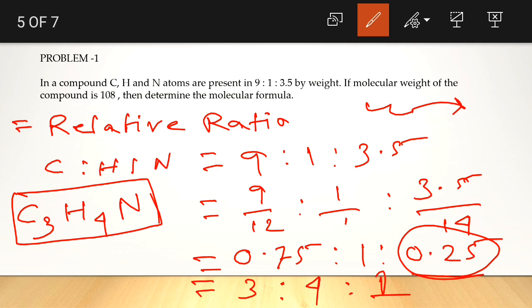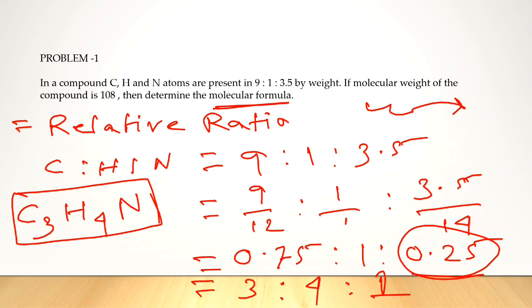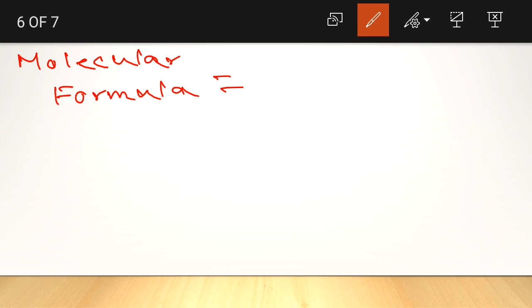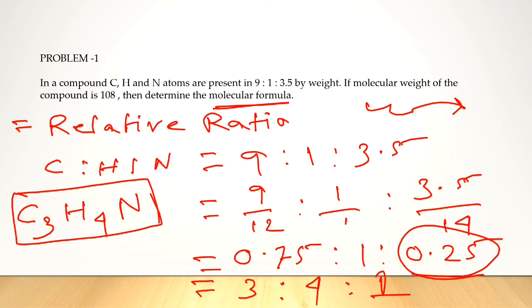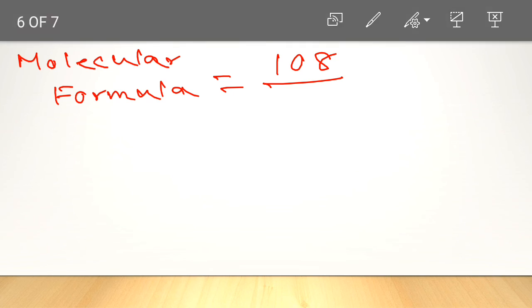Now what will you do? You just have to determine the molecular formula. So what is the formula? The molecular formula will be the molecular weight, which is 108 here, divided by the empirical weight, into the empirical formula. The empirical formula is C3H4N.